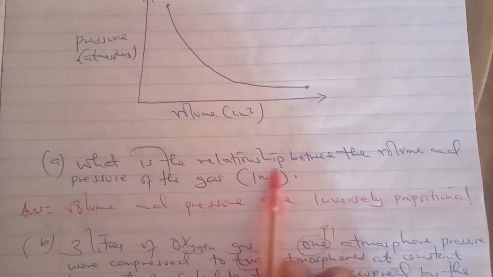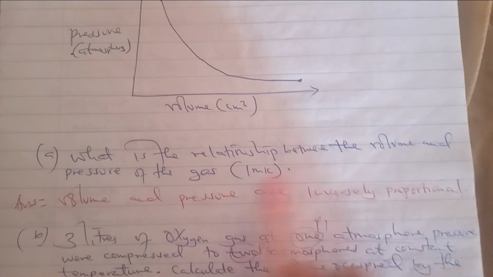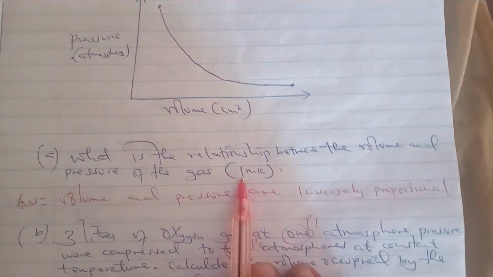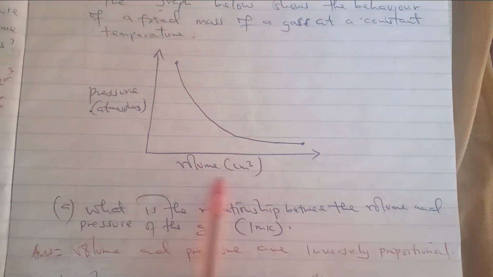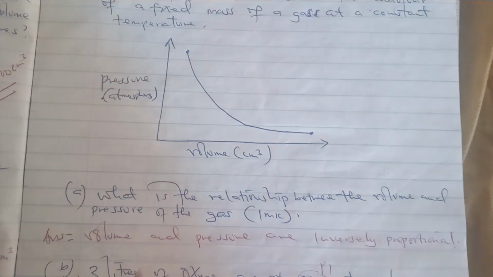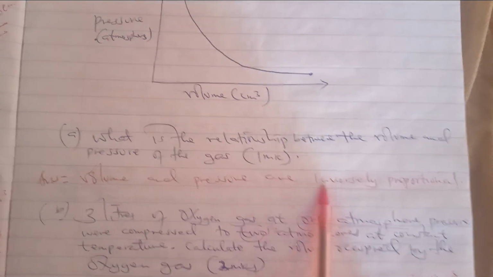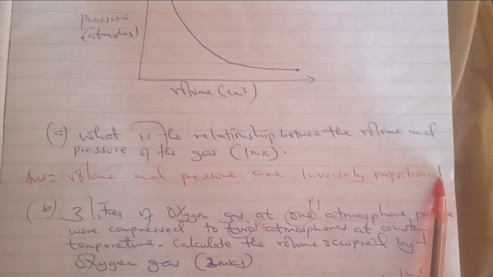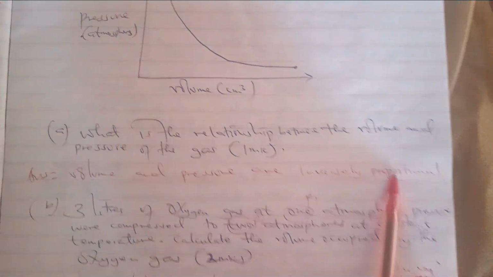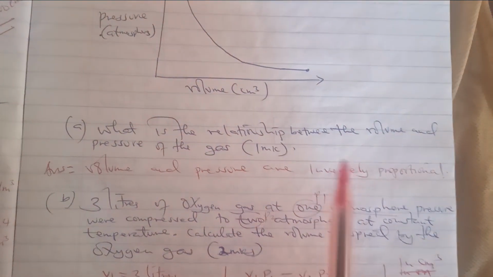Then we are asked, what is the relationship between the volume and the pressure of the gas, 1 mark? What is the relationship of this volume and the pressure in that graph? Then we say answer: volume and pressure are inversely proportional. Because this is Boyle's law.